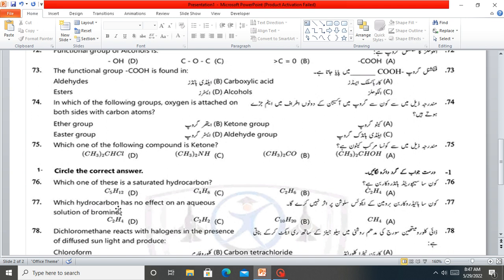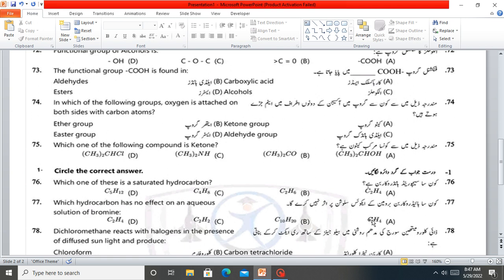Which hydrocarbon has no effect on an aqueous solution of bromine? All hydrocarbons with more than one bonds have an effect on bromine water, but saturated hydrocarbons have no effect on them. So which of these is an alkane? Alkanes have no effect on bromine water. Is it this? No. Is it this? No. Is it this?